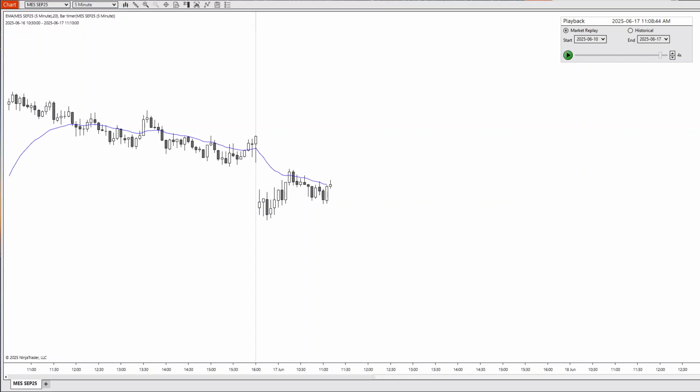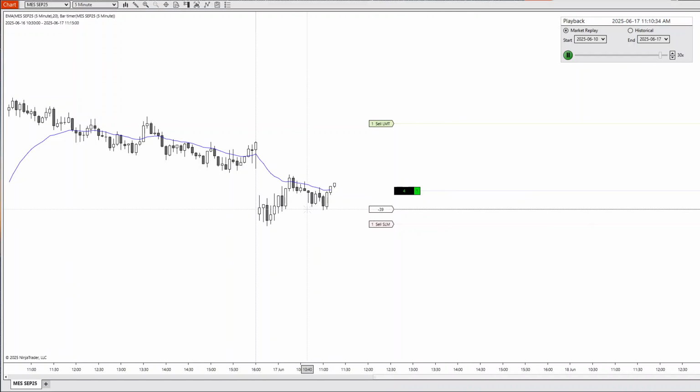Potentially, yeah. But this is a very giant bull bar, so I'll just buy one. Buy market. Order filled. I'll move myself to here.